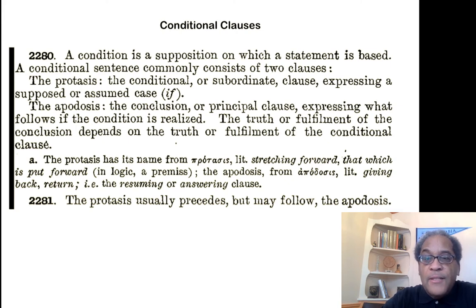The protasis usually precedes, but may follow the apodosis. So those two words are kind of tongue twisters, protasis and apodosis, but hopefully you will get used to them.